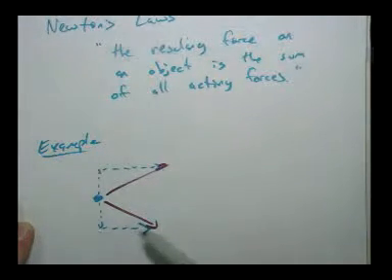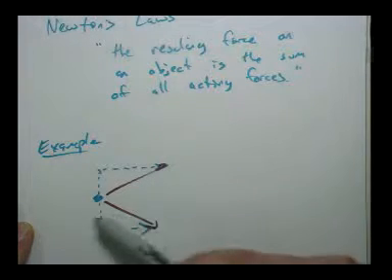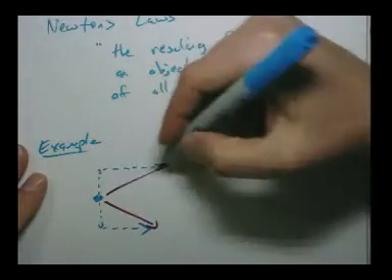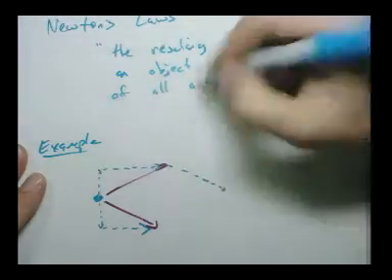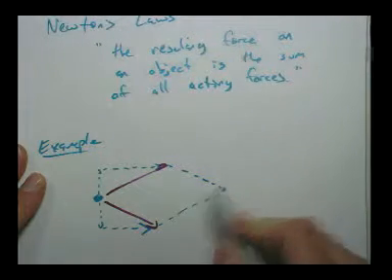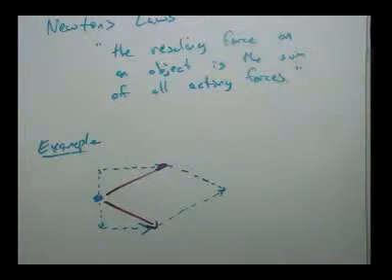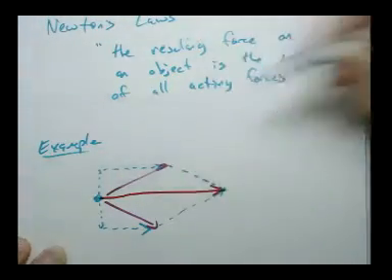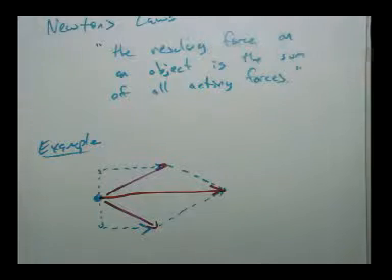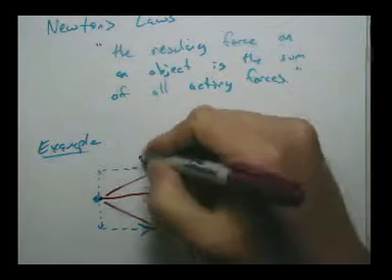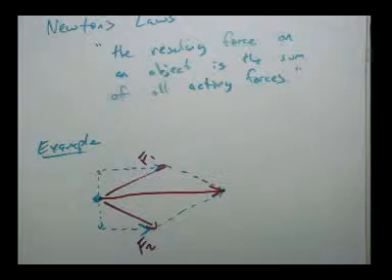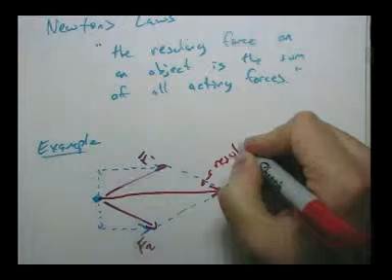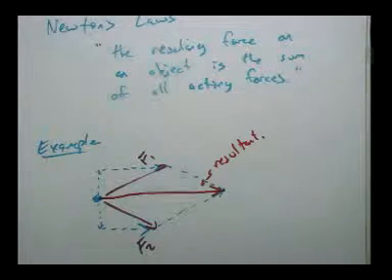But these horizontal directions, both forces are going to the right. And we can see, according to our parallelogram law, that we have this force as a result. So this is going to be force 1, this will be force 2, and this guy right here is going to be the resultant.